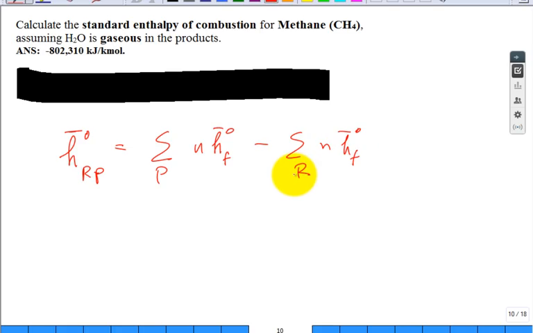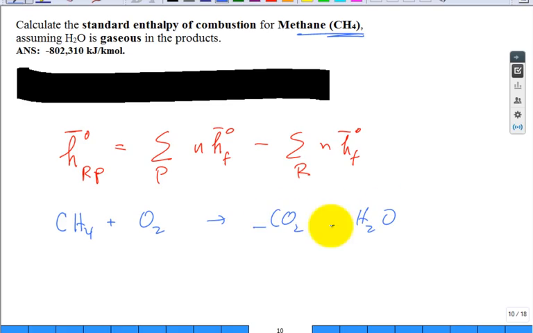Now, when they say that it's for the combustion of methane, it's CH4, and then you're going to have your O2, and it's going to go to CO2 and H2O. Let's do a quick balance on this. This is going to be a 1, this is going to be a 2, and this is going to be a 2.